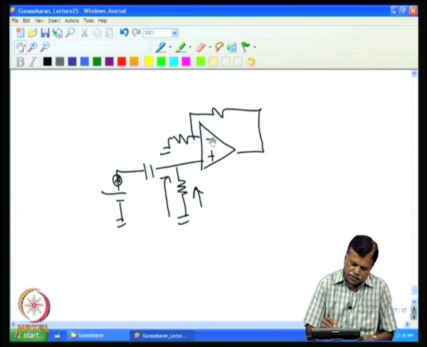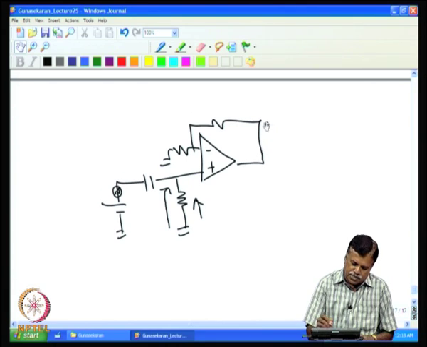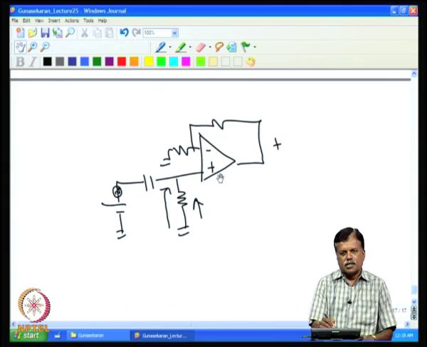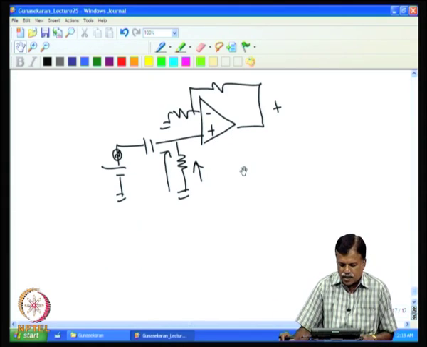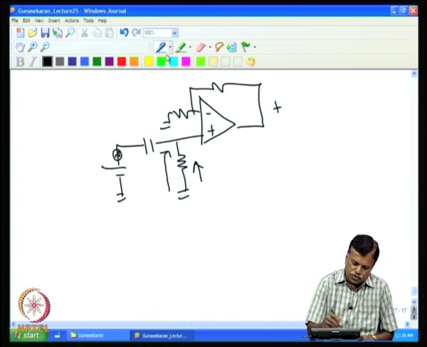Similarly, for the other input, if the output is plus, then the bias current goes like this and then into the ground. So, there are two types of op amp. If the inputs are NPN, then the bias current is always flowing in.